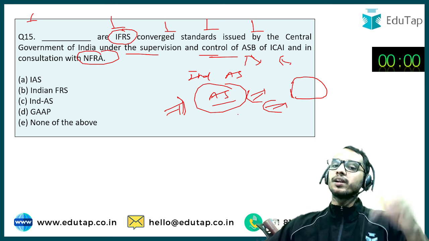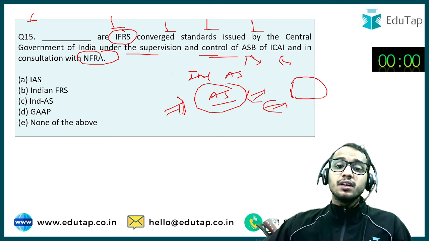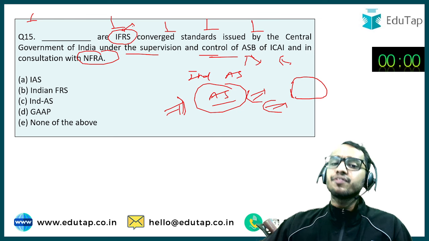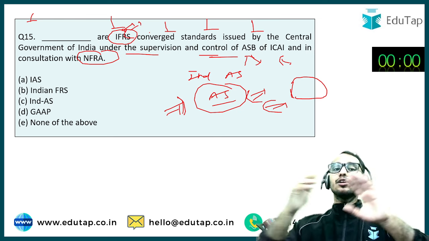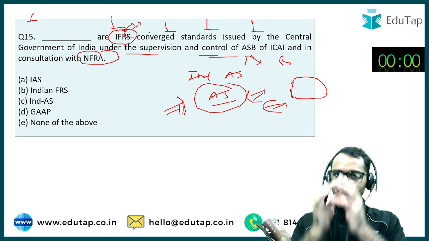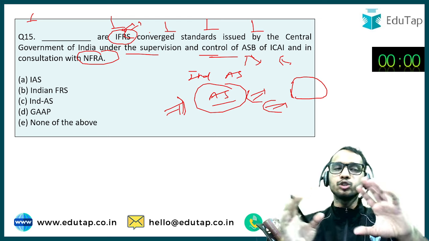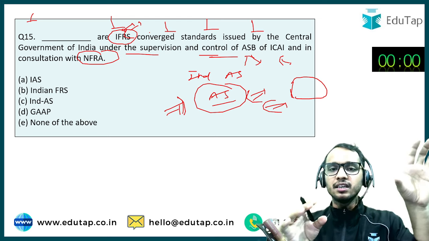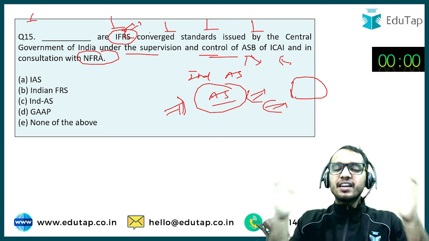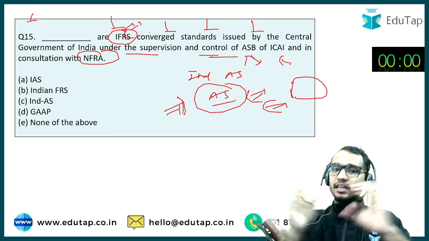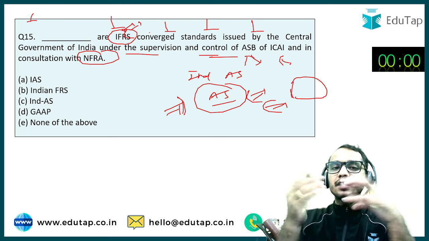So as globalization happened, IFRS, that is International Financial Reporting Standards, came into the picture. These standards are used globally by different companies in different countries, so that the financial statements of companies in different countries can be compared with each other.